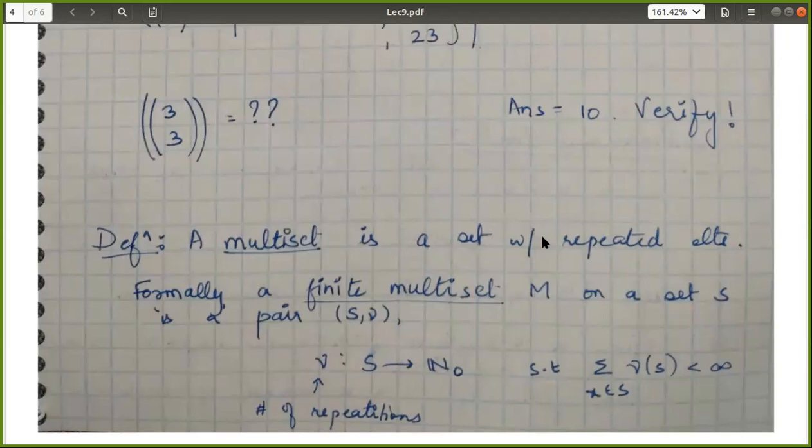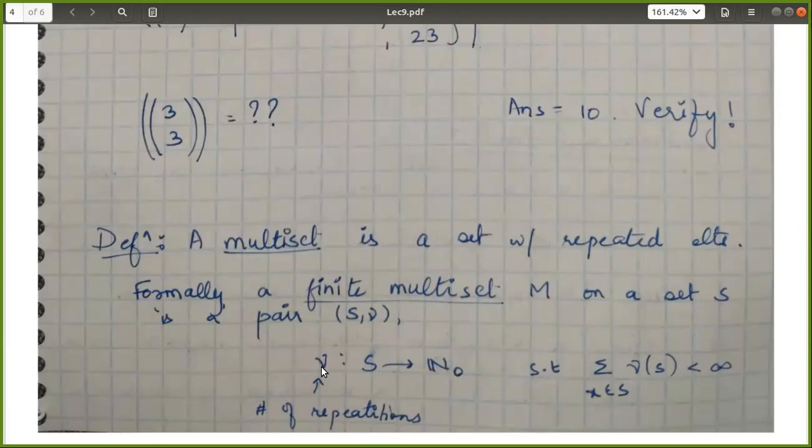Okay, so a finite multiset M on a particular set S is actually a pair (S, nu), where nu is a function from the set S to N0, the set of whole numbers, which means natural numbers union 0.